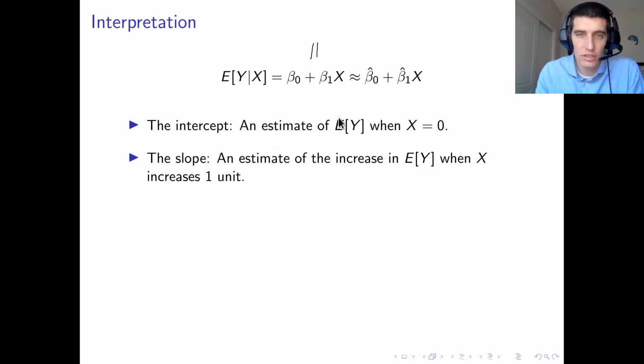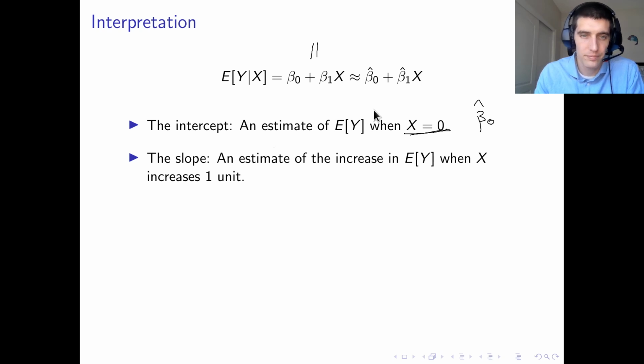Okay. Well, what's the intercept? The intercept is what we get if we plug in x equals 0, right? So the intercept is an estimate of the expectation of y once I fix x to be 0. So I fix x equals 0, and this beta hat term is an estimate of the expectation of y.